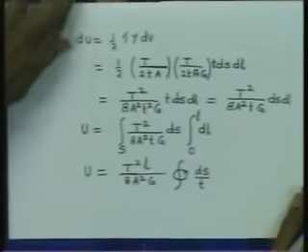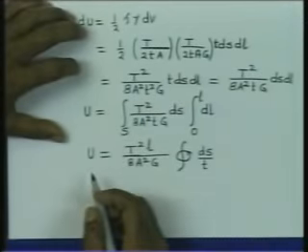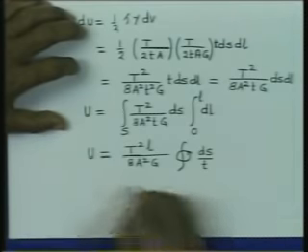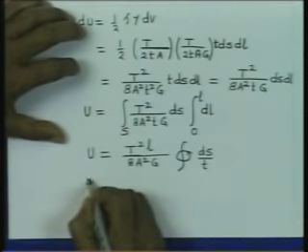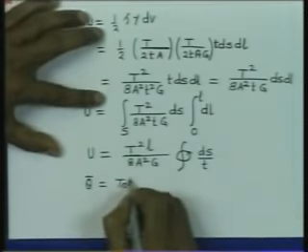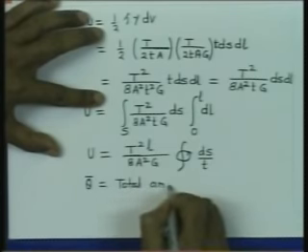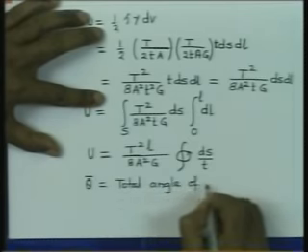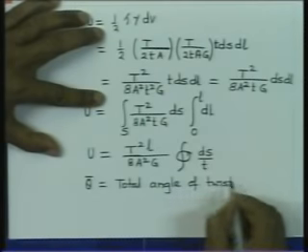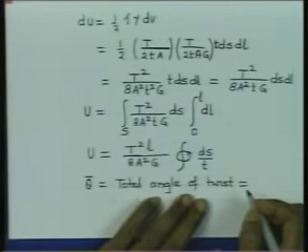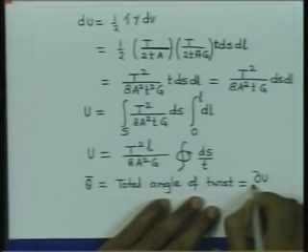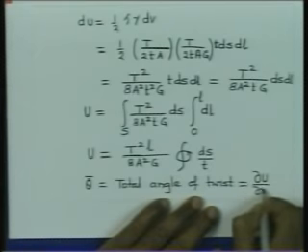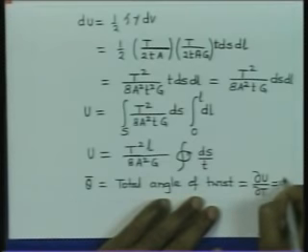If you consider that the total angle of twist of the whole bar is theta bar, that we can obtain from application of Castigliano's theorem, which is nothing but the derivative of U with respect to the applied force, which is torque, and in this case it is dU by dT.